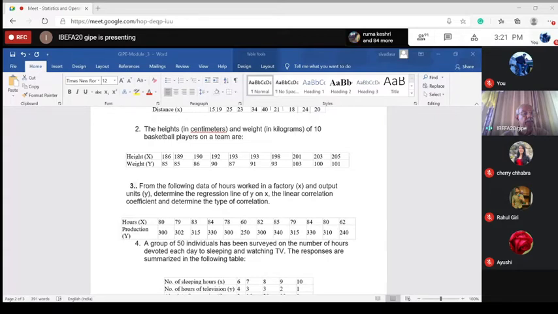I will be sharing my answer now. Here the weight depends on the height of the individual.